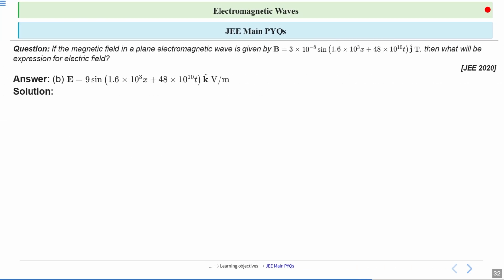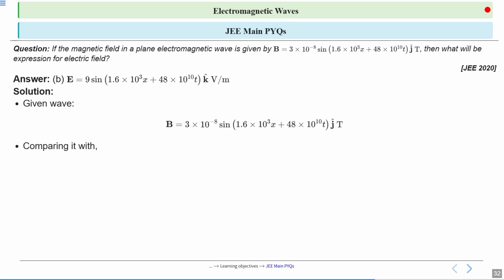So option B, E equal to 9 sine (1.6 into 10 to the power 3 x plus 48 into 10 to the power 10 t) k cap volt per meter is correct. So what is the given wave? B equal to 3 into 10 to the power minus 8 sine (1.6 into 10 to the power 3 x plus 48 into 10 to the power 10 t) j cap Tesla.